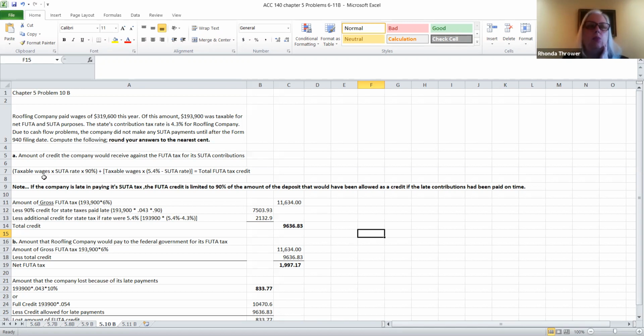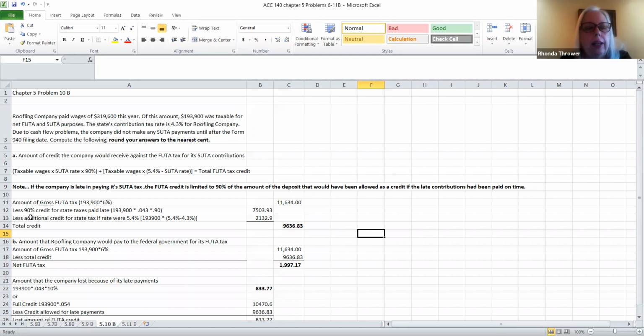The credit is subject to a 10% penalty, or the taxes are subject to a 10% penalty. Note, if the company is late in paying SUTA taxes, the FUTA credit is limited to 90% of the amount of the deposit that would have been allowed as a credit if the late contributions had been paid on time. So this is the key right here.